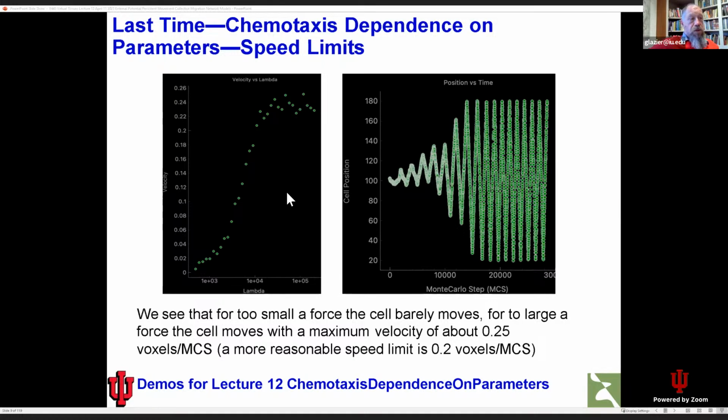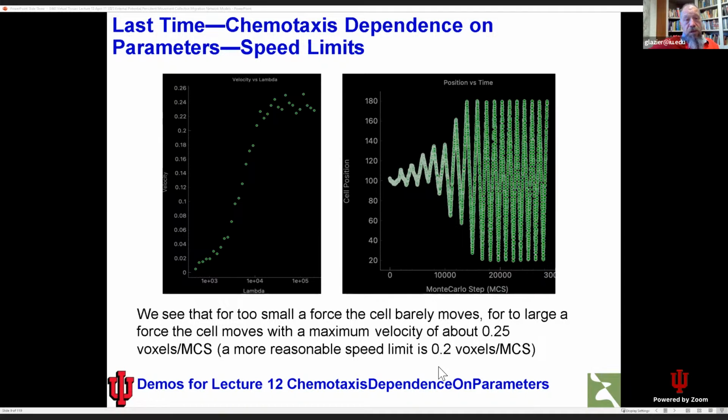And so when people ask the question, what does a Monte Carlo step represent in real time? One way to figure that out is you can make a Monte Carlo step represent as small a time as you like, but on the large side, you can't have a Monte Carlo step be bigger than the amount of time it takes for a cell to move about 0.2 voxels.